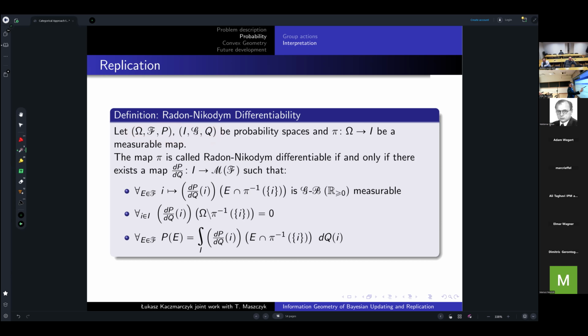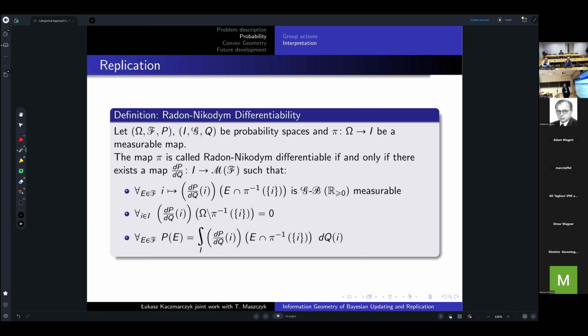We take a map from one to another, and we demand that it's measurable. Then, going a bit against the usual definition of Radon-Nikodym differentiability, we define the Radon-Nikodym differentiability of a map pi instead of differentiability of one measure with respect to another.